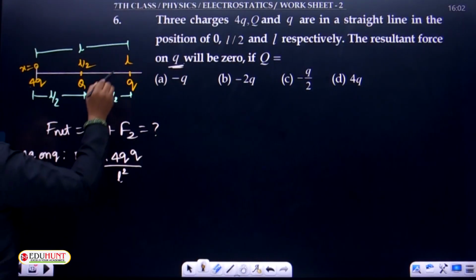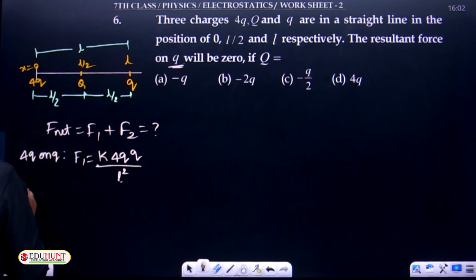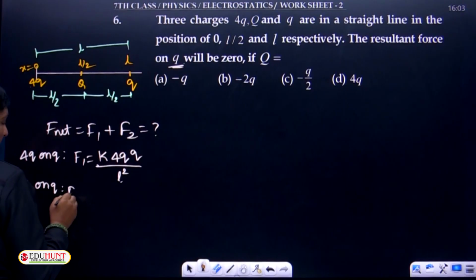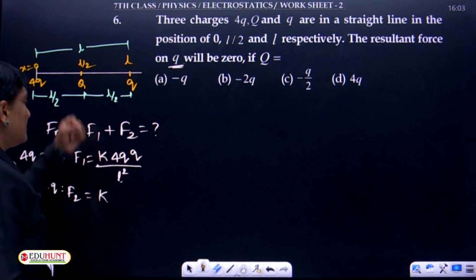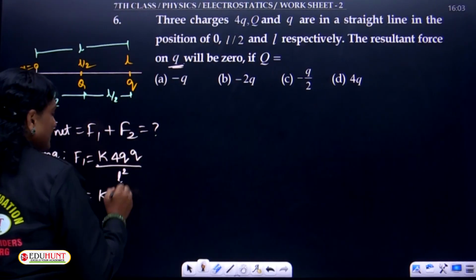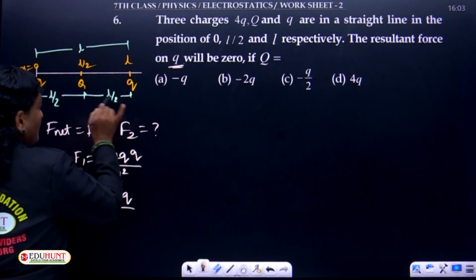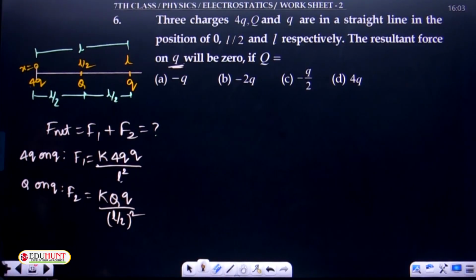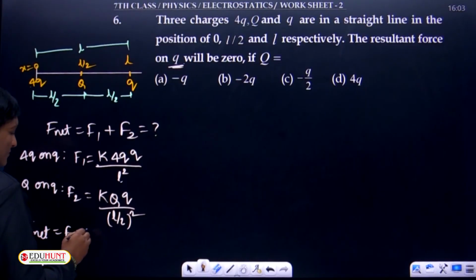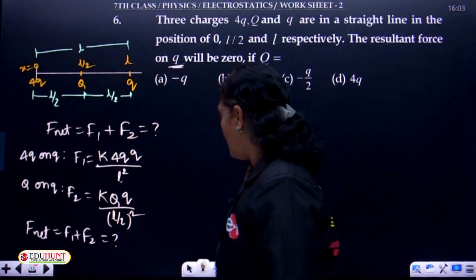Similarly, the force on q due to capital Q, exerted by Q on small q, let us name it F2, equals K times the first charge Q, second charge small q, distance between them L by 2 whole square. So the net force is given by F net equals F1 plus F2, which you are asked to find out.